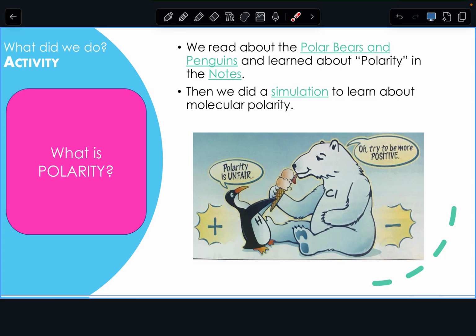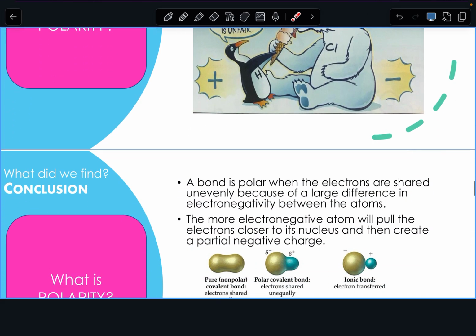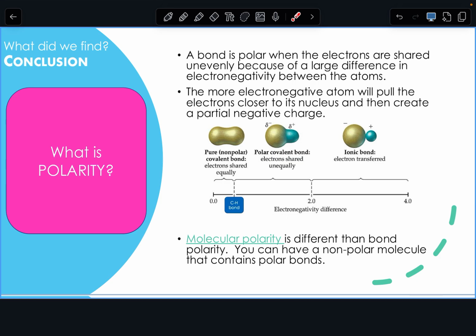We also did a simulation, and in the simulation we took a deeper dive into molecular polarity. See, because bond polarity is really easy. Bond polarity is just this simple equation right here. It's just subtraction, really, okay? If the bond has something that is a CH bond or smaller, if you go to the electronegativity table on the back of your periodic table and you say to yourself, C minus H is 0.35, anything less than that is a non-polar bond.